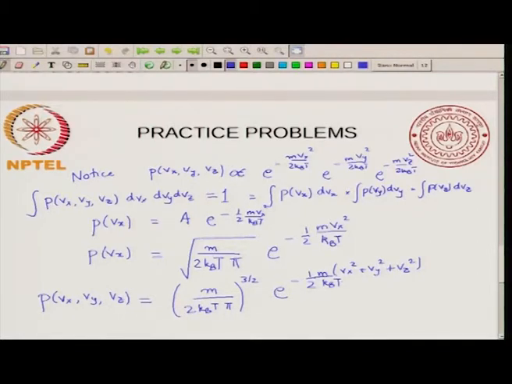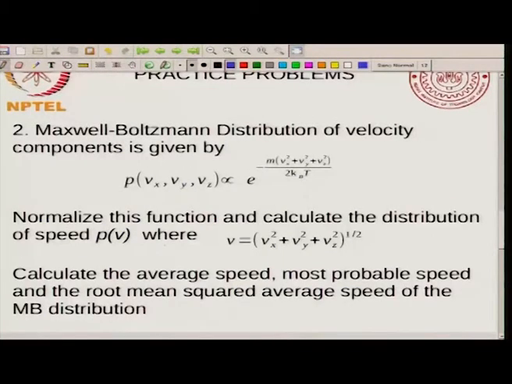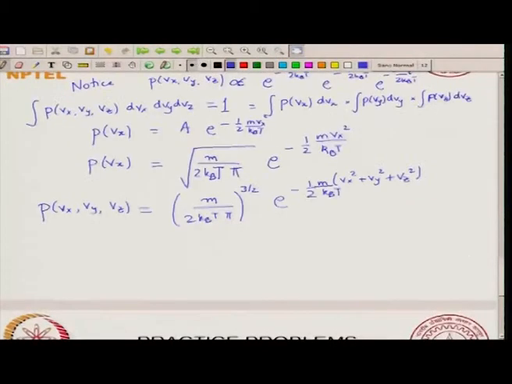Now, the next thing that we wanted to do, if you go back to the problem, is to calculate the distribution of the speeds P of v. To do this, we look at this distribution with Vx, Vy, Vz, and what you want to calculate is the distribution of the speed v. So, here we have 3 variables and here you have only one variable.